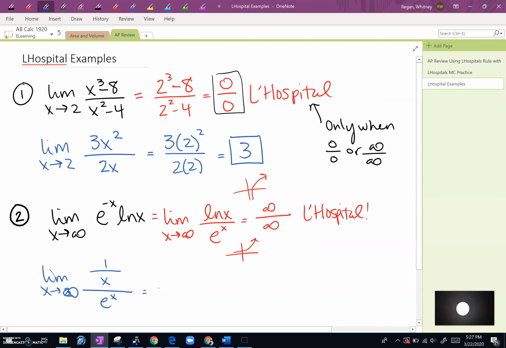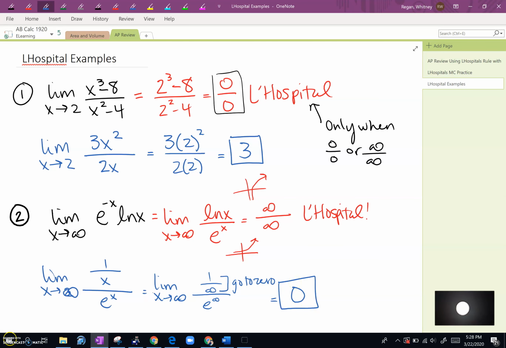Okay, so when I actually do this again, I can rewrite this a little bit, or I can just do the numerator and the denominator. So 1 over x is like infinity over e to the infinity, what's really happening is this whole thing is going to go to 0. So the entire limit is 0. And that one's done.